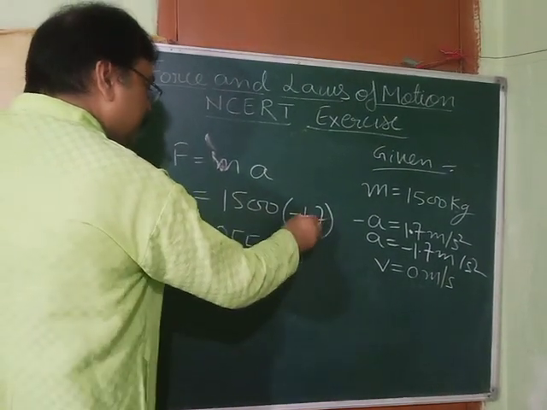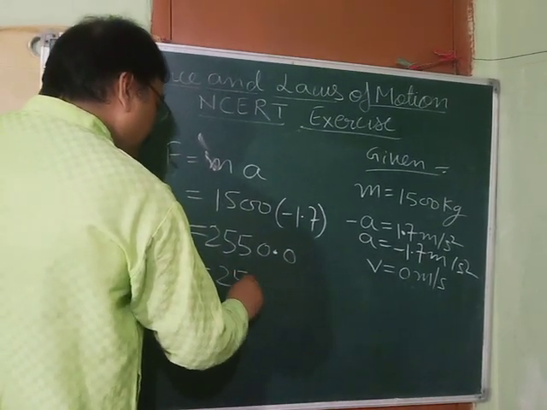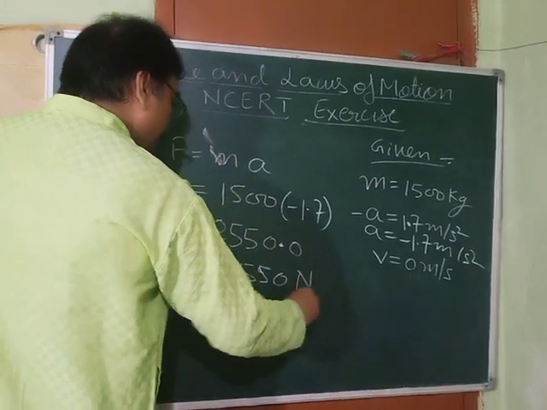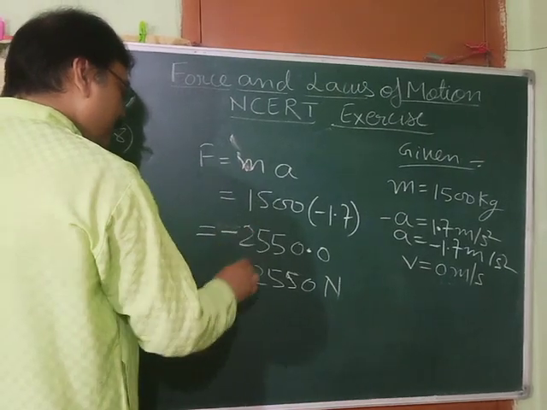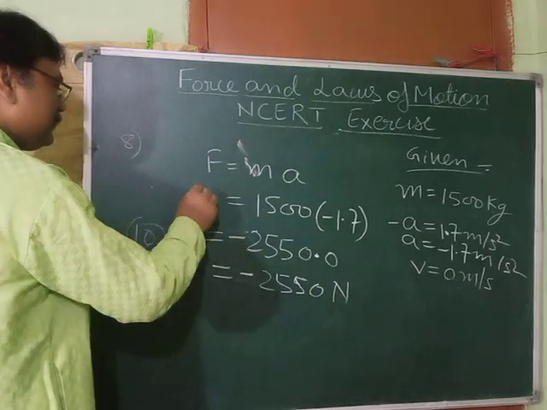And the decimal is after one place. So how much are you going to get? 2550 Newton. And this negative sign, where has the negative sign gone? It should be here only. Why this negative sign? Because it is an opposing force.